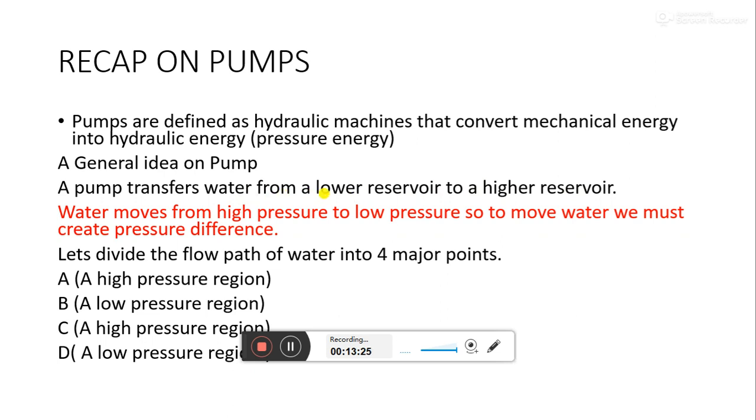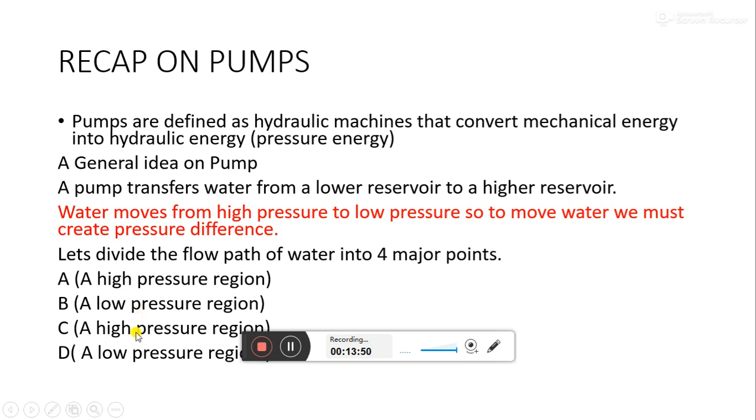Then what is the property of water or any fluid? It moves from high pressure to low pressure. So to create that movement, we need to create various pressure points, right? If we divide the flow of water into 4 major points, there is a high pressure point and a low pressure point, so it flows from high pressure to low pressure.